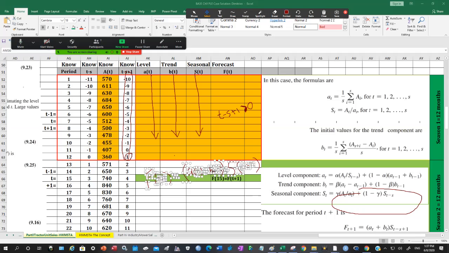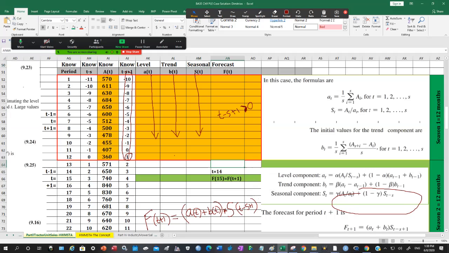I can move this down. Right there. So the first time that I can find a forecast is actually when I'm right here.